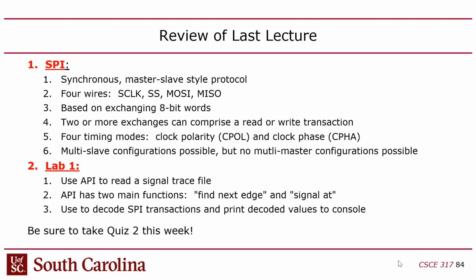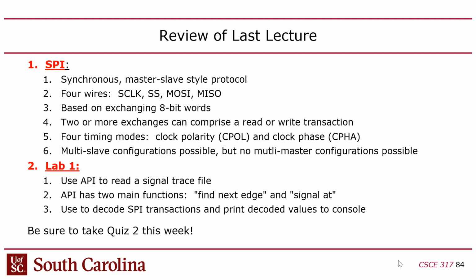It has 4 wires that make up a channel. There's 3 wires that flow from the master to the slave, and one that flows the opposite direction. Clock, slave select, and MOSI go one direction, and MISO comes the other direction.